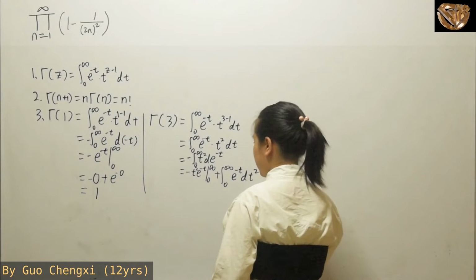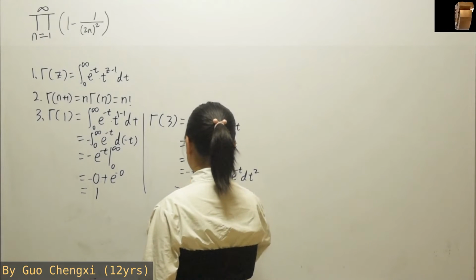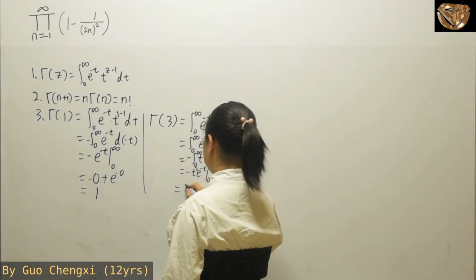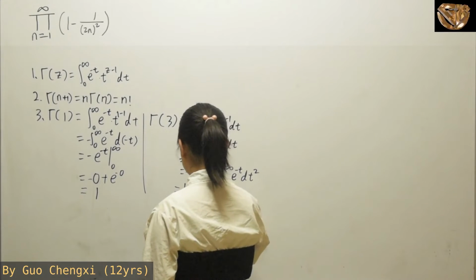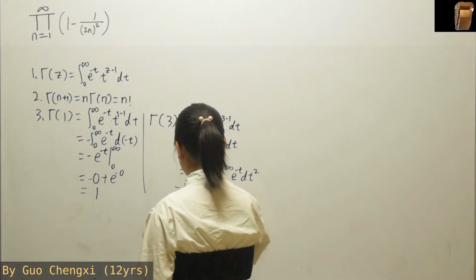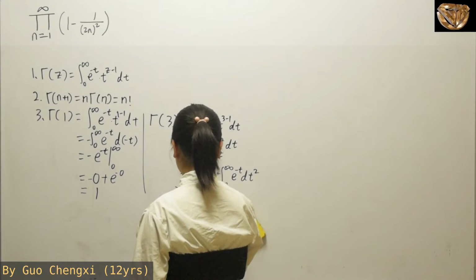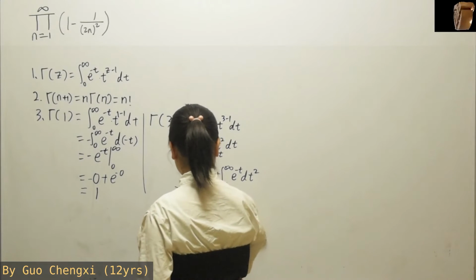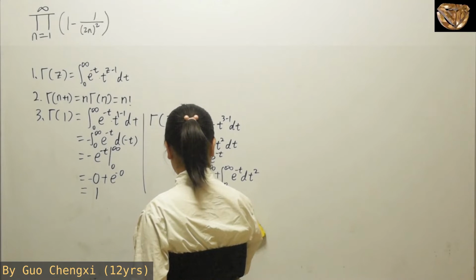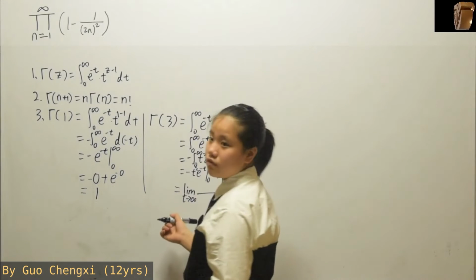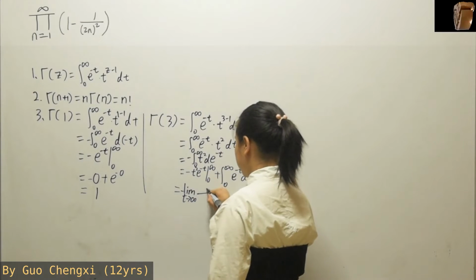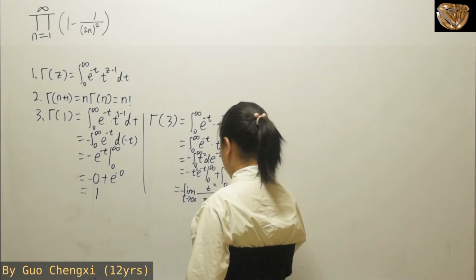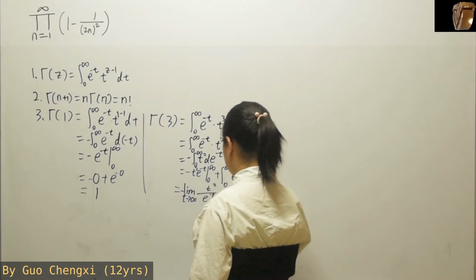So this is what you get, and in case you didn't know what this is, you can use limit. For this part, it will be t approaches infinity. As you can see, for this part, what you get over here is t squared and e to the power of negative t, right?